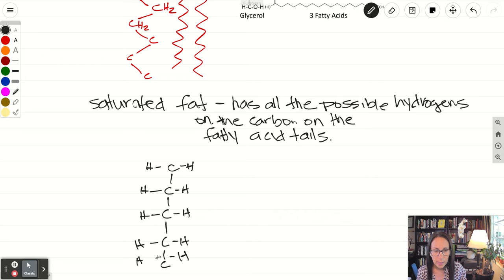The opposite is true too. If not all the hydrogens are attached, then it is called unsaturated.